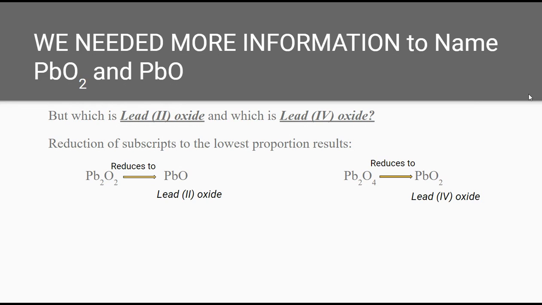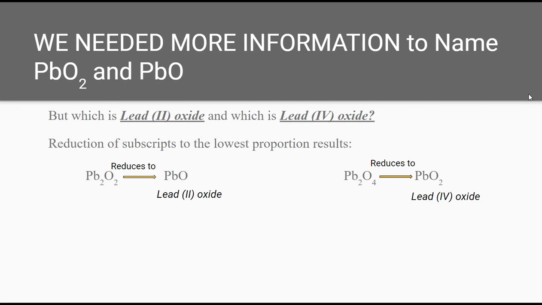In most cases, it will be very easy to tell which Roman numeral is used because the subscript on the anion will match the Roman numeral. The only time you really have to be careful is if your transition metal has a charge possibility of positive 2 or positive 4.